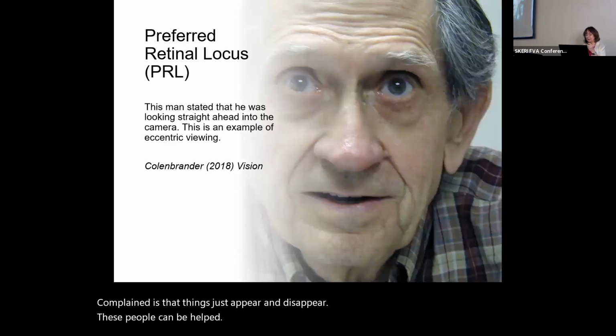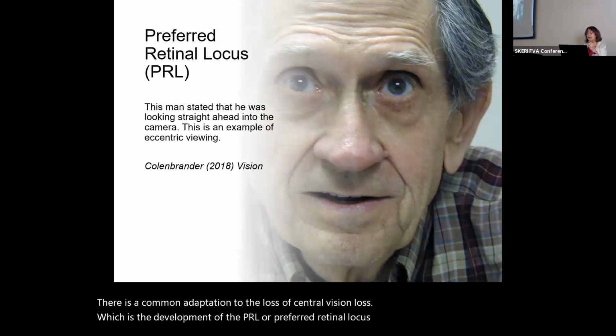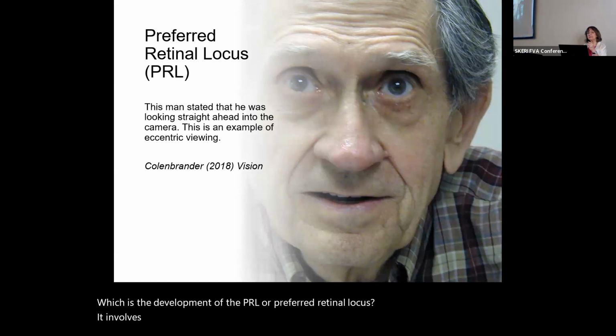There is a common adaptation to central vision loss, which is the development of the PRL, or preferred retinal locus. It involves moving the eyes so that the image of the object of interest lands in a relatively healthy part of the retina.